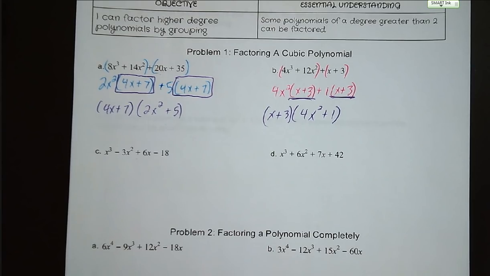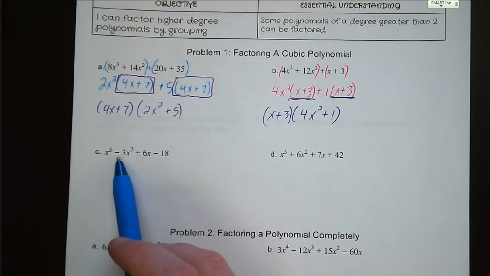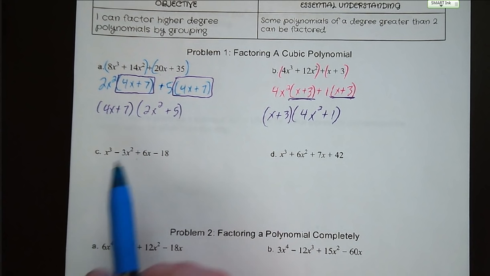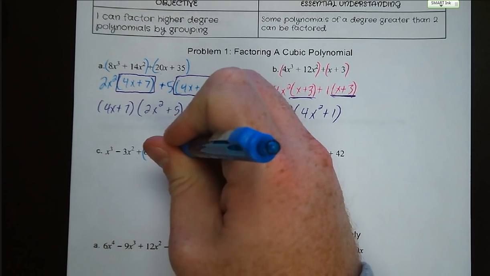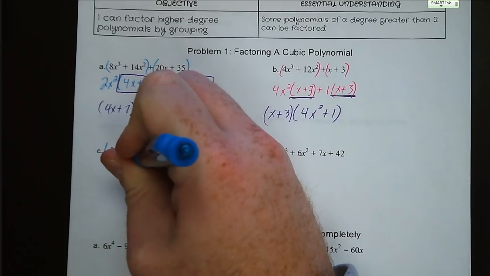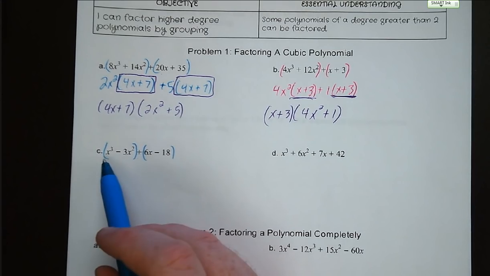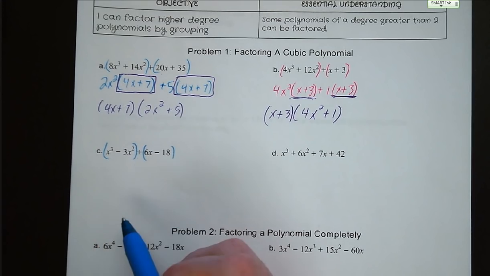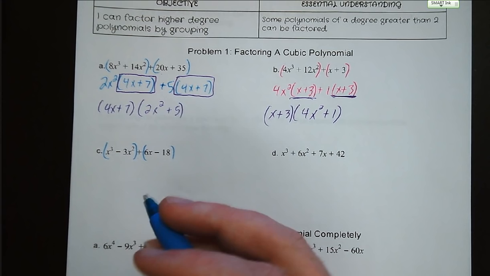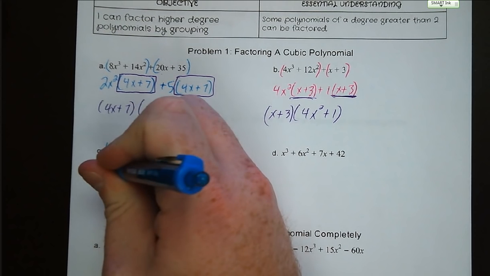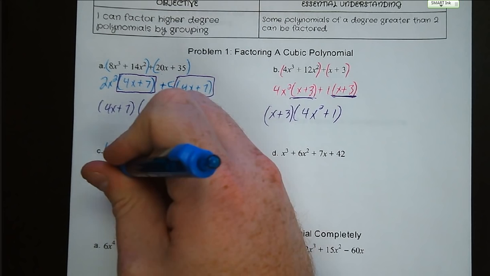So for letter C, we have x cubed minus 3x squared plus 6x minus 18. We draw in our parentheses to break it up into our groups. Now we need to look for common factors. What are my common factors in x cubed and negative 3x squared? Those common factors are just going to be x squared. We bring that to the outside, and what are we left with?